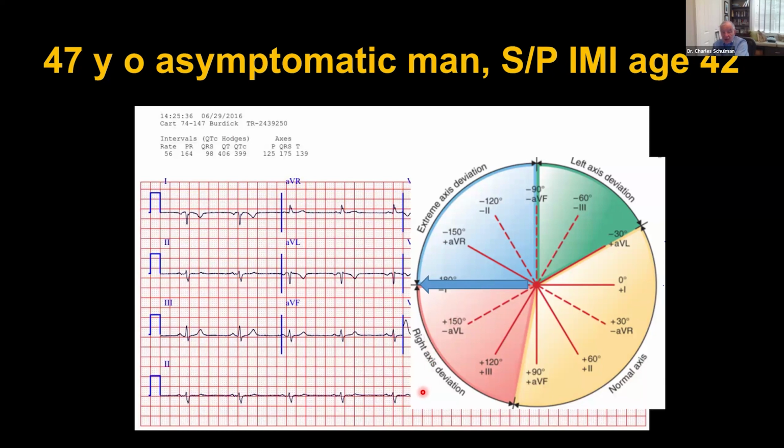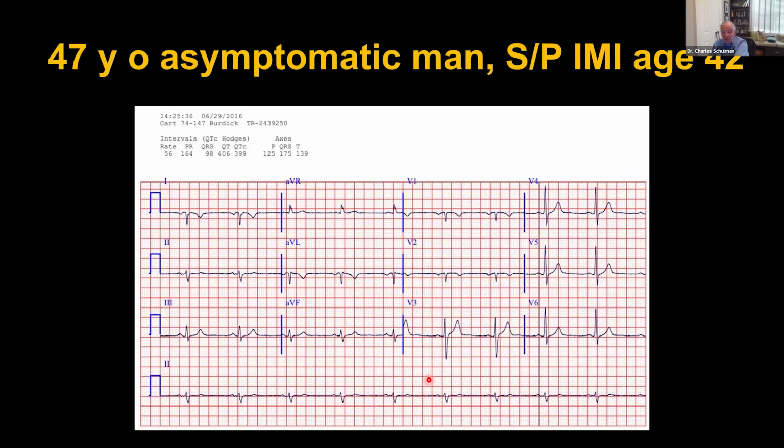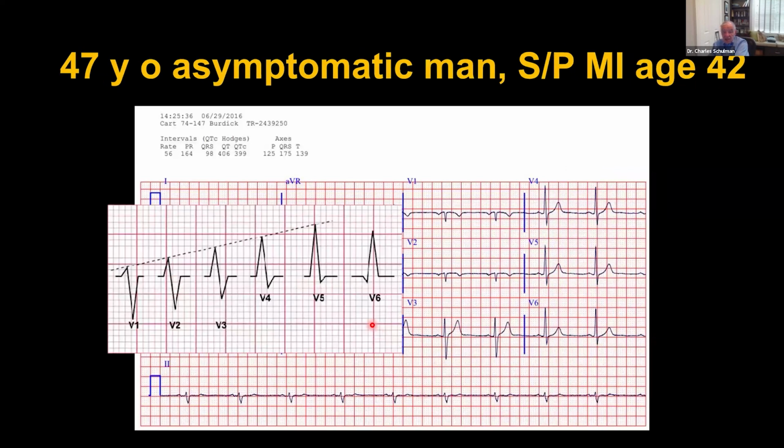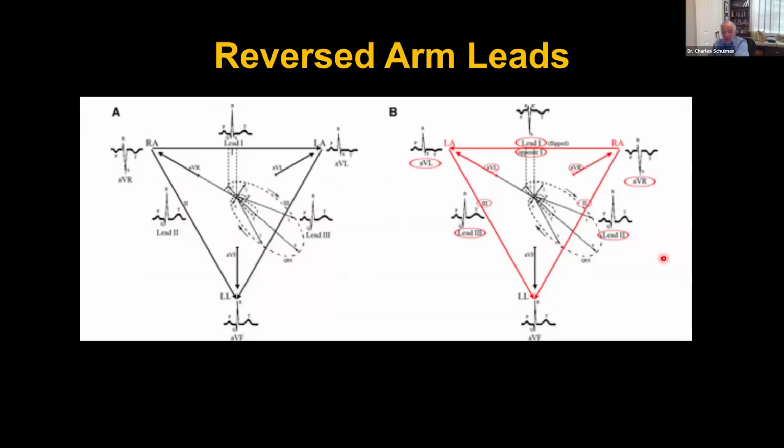Do you know why? Well, let's look at the chest leads. Okay. Remember I told you about R wave progression. This is an example of a normal R wave progression, and this has normal R wave progression. So in fact, the problem is a common problem that we see called reversed arm leads.